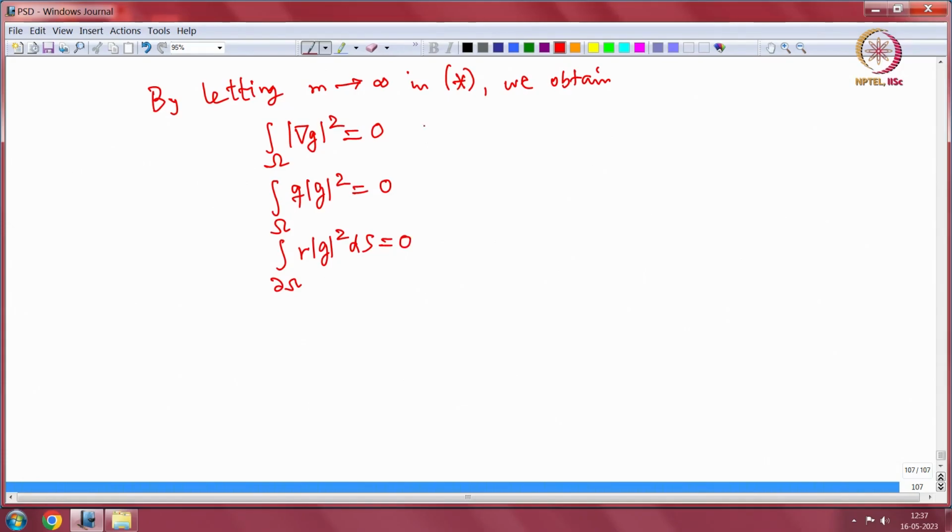Okay. The first one implies G is a constant, and since the norm of G is 1, in fact, this constant has to be identically equal to 1 by square root of the measure of omega. Okay, that is not important. Since this is a constant, now look at these two.